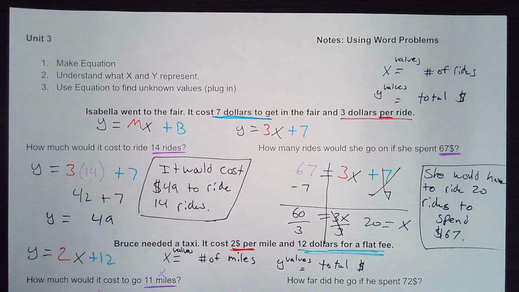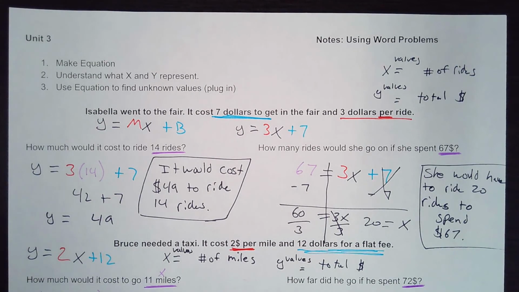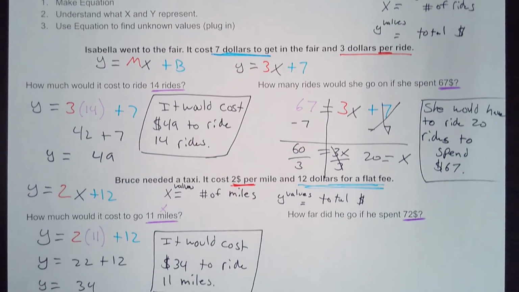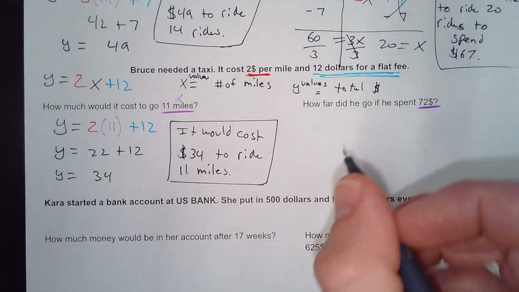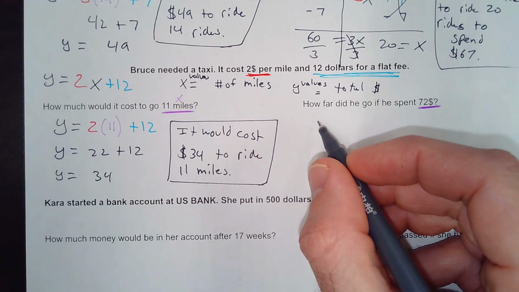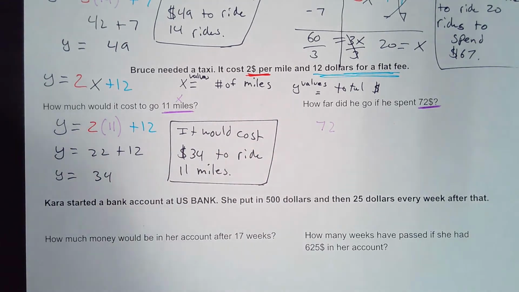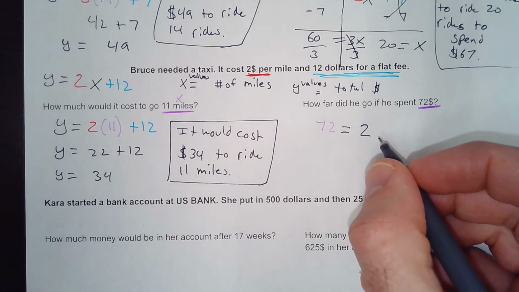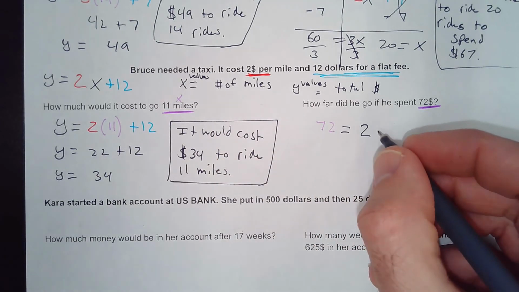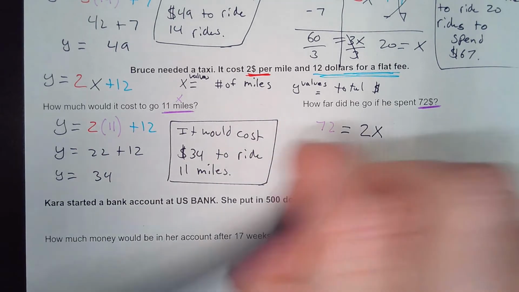Okay, next one. How far did he go if he spent $72? So just like the last one, now we're given our y value, our total. So we're going to rewrite this equation as 72 equals 2, and we don't know x, plus 12.